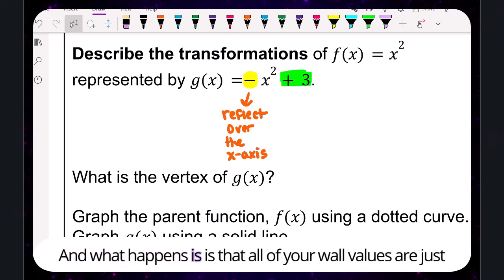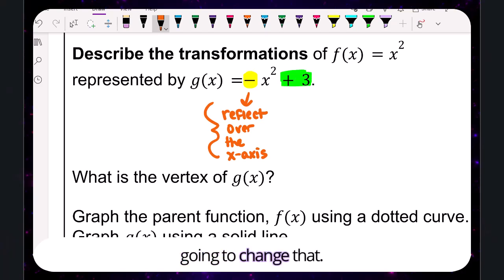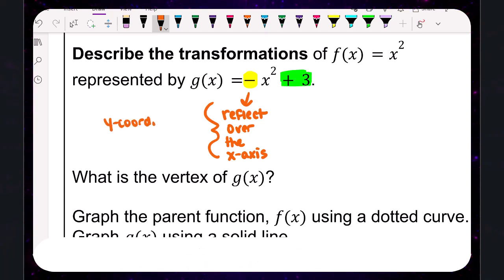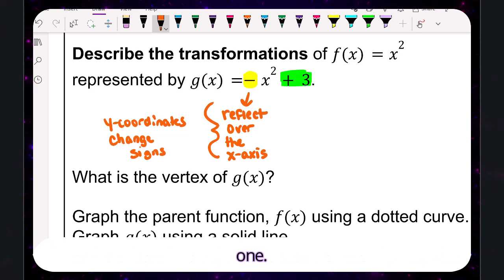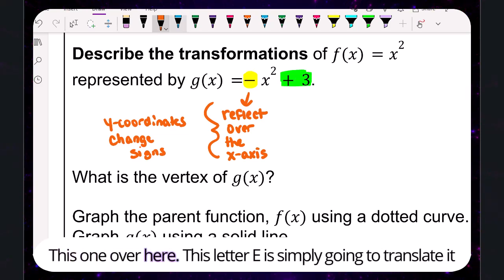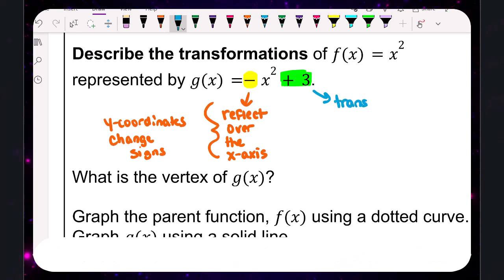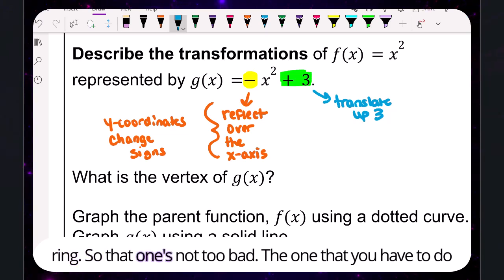And what happens is that all of your y values are just going to change signs. That's the effect of multiplying the entire function by -1. This plus 3 is simply going to translate it up 3. Okay, so that one's not too bad.